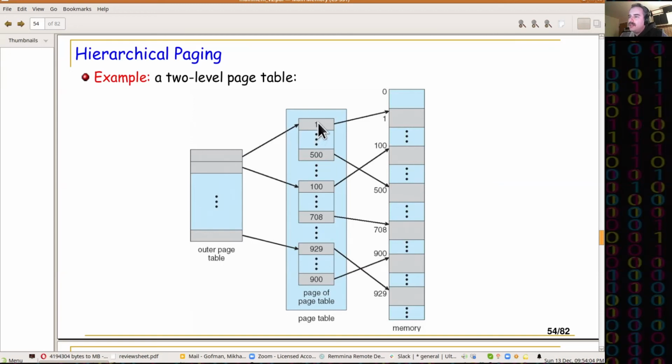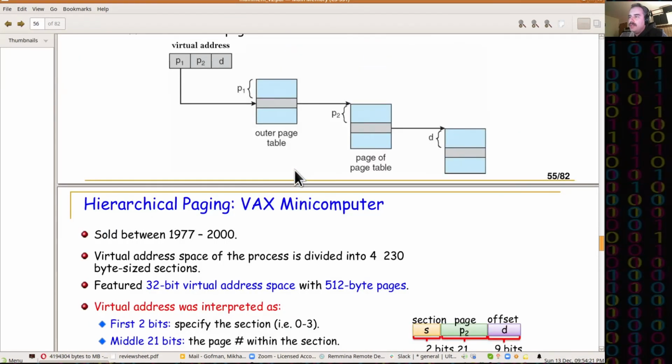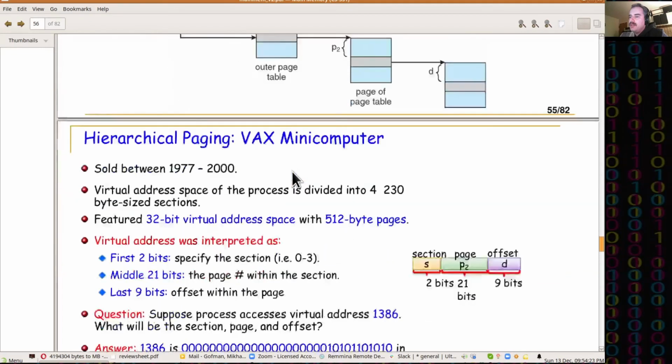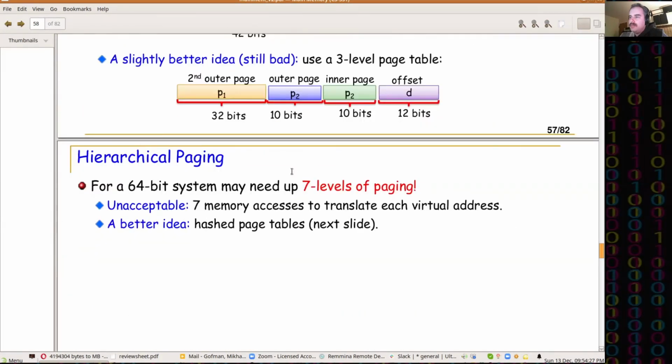And finally, the page table at the second level actually stores the physical frame that is associated with the virtual page. This can go on for multiple levels. It doesn't have to be 2 levels. We could have a page table, for example, that is 3 level or even 7 levels.